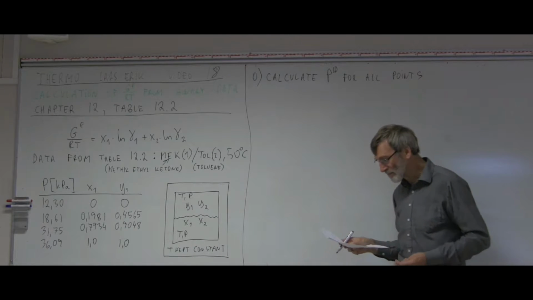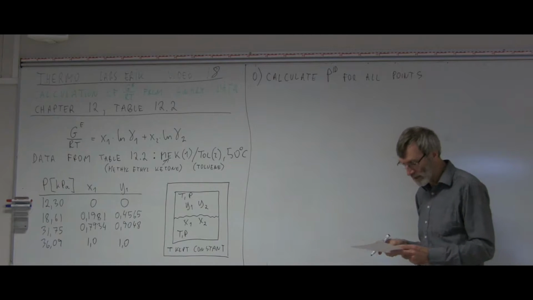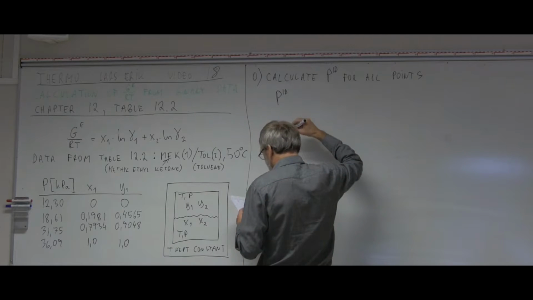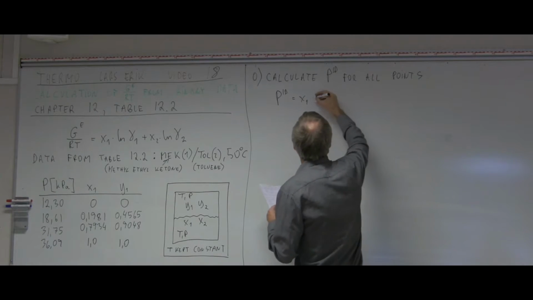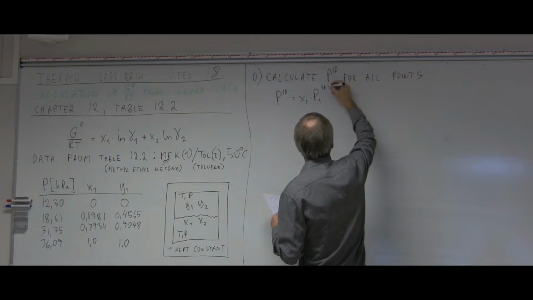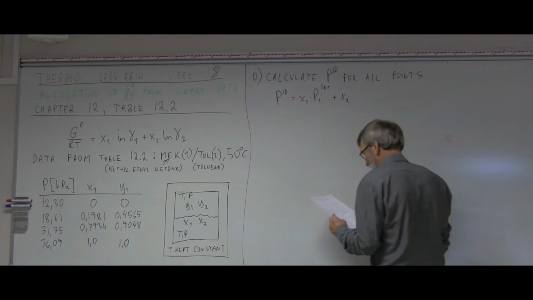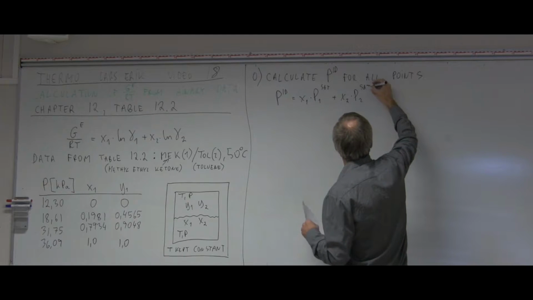And by ideal pressure, that is following Raoult's law, the ideal pressure is x1 times P1 saturated plus x2 times P2 saturated.